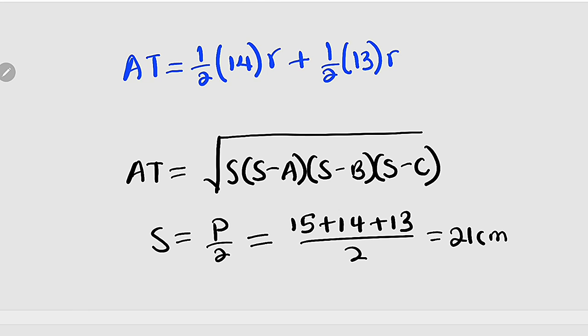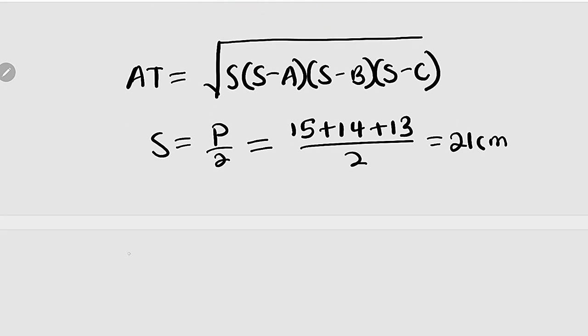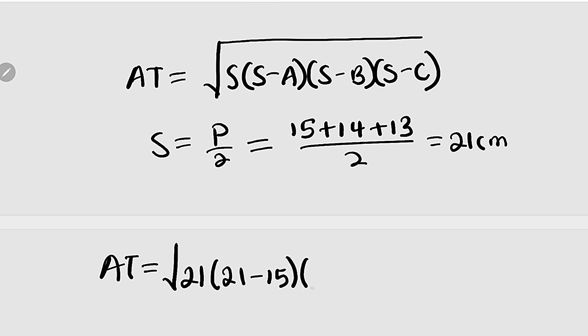Let us substitute everything back into this formula in order to find our area. Therefore, the area of that triangle will be equal to the square root of s, which is 21, multiplied by 21 minus 15, 21 minus 14, 21 minus 13.